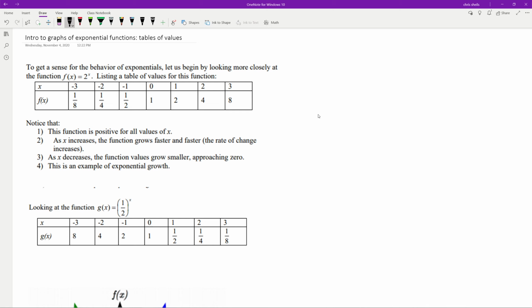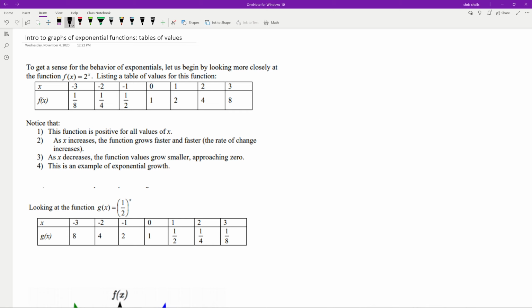Whenever I increase the x value to 2, my output is now 4. When I increase the x value to 3, my output is now 8, right? Because this is doubling each time, the function is growing faster and faster as my x value increases. And as my x value decreases, this function is growing smaller and smaller. This is an example of exponential growth.